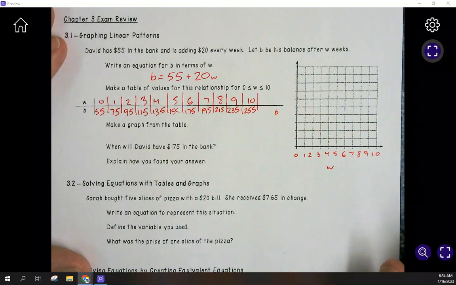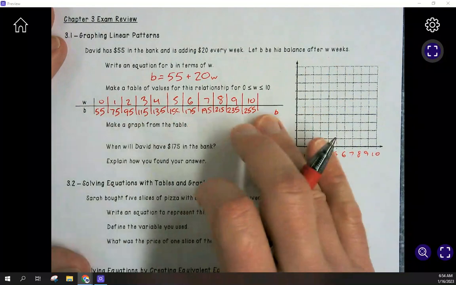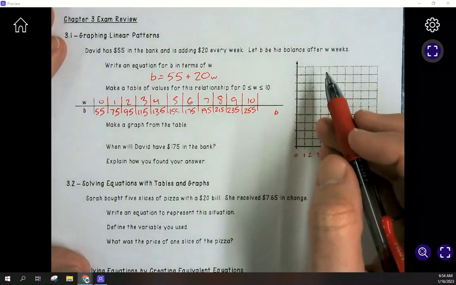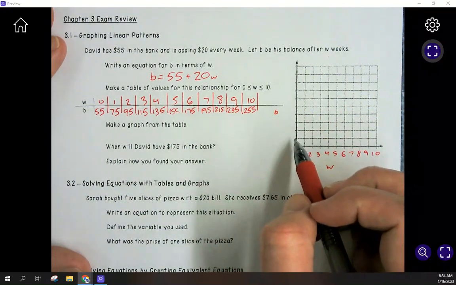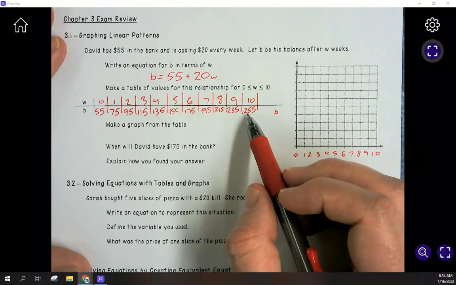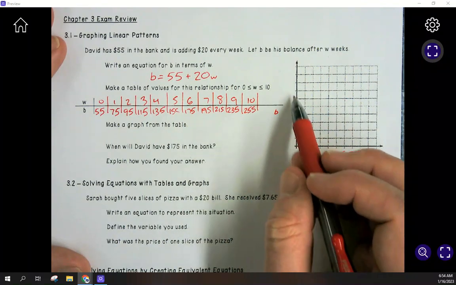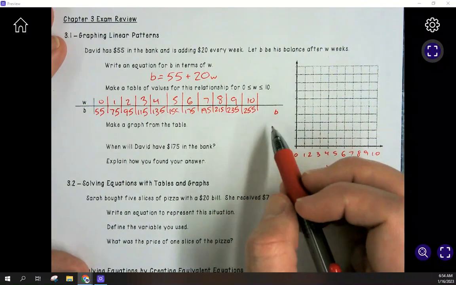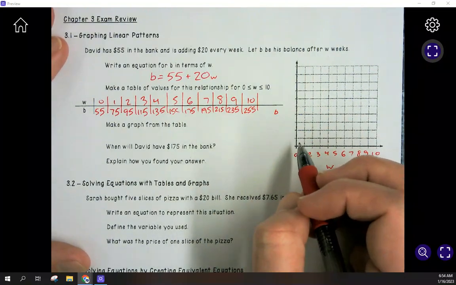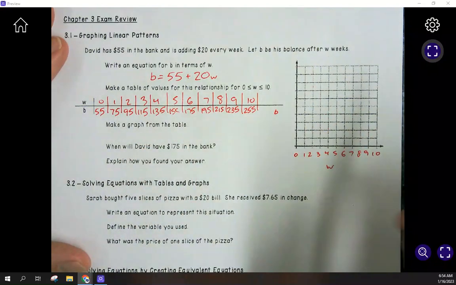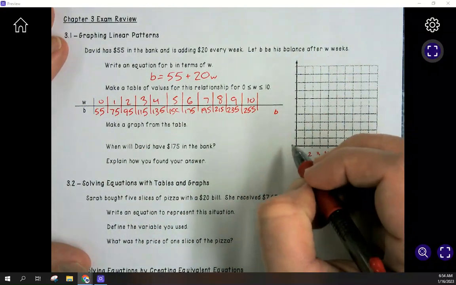We can put all the information on the graph. And now we have to choose a number to count by. If you counted by even tens, we're not going to get big enough to show all of this information. So we need to make sure that we're counting by something that gets us past 255 by the time we get to the top of the graph, so that we can actually show all of these points. So I'm going to count by 25s because it's easy to count by and it'll get us up there pretty fast.